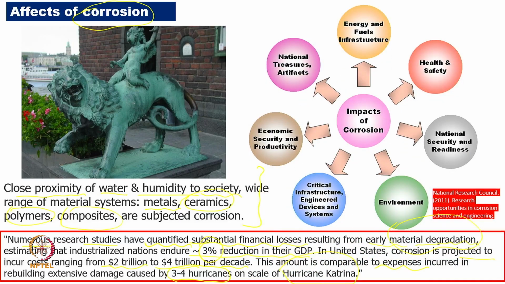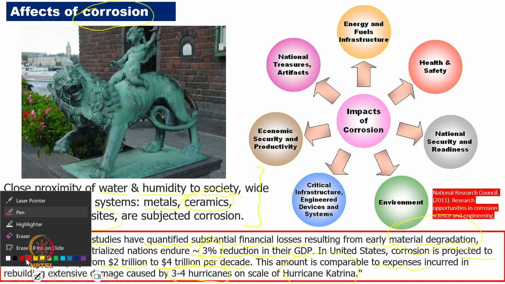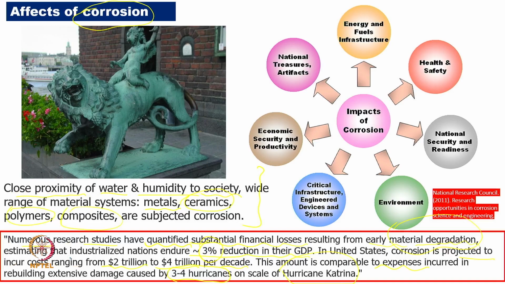So, there is one report from the National Research Council. I just changed the color of my pen. The National Research Council published a report in 2011, and what has been mentioned here is the impact of corrosion. The whole focus was the impact of corrosion.